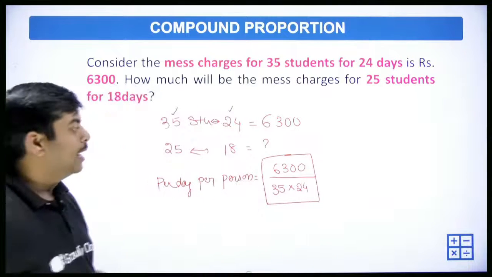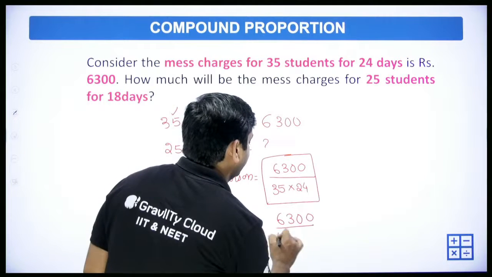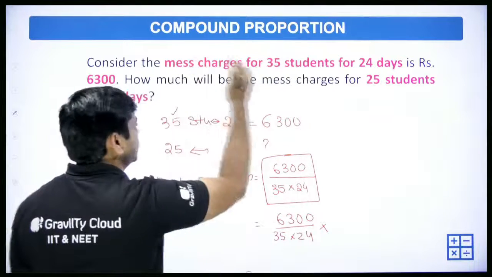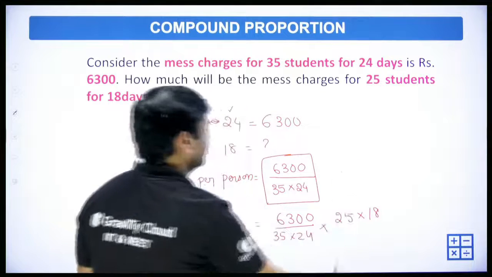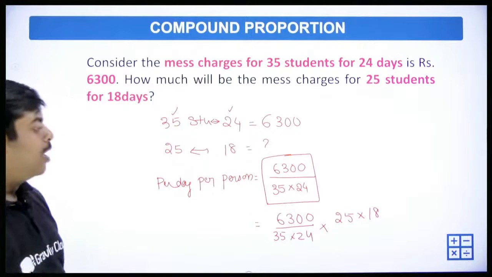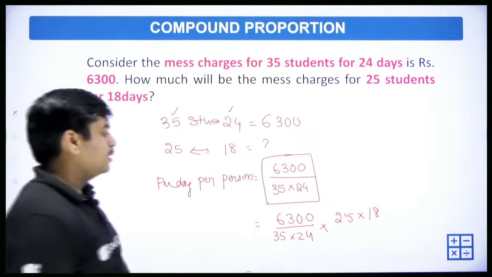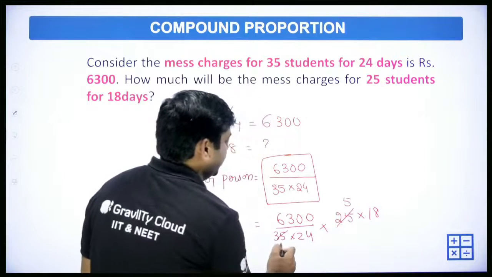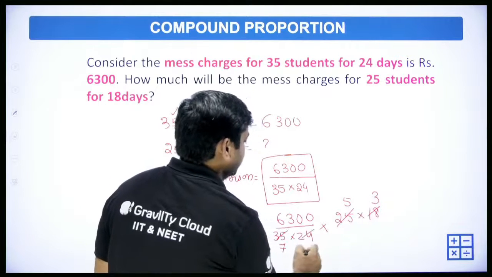Per day per student, so the answer is 6,300 by 35 into 24 into number of students. Now it is 25 and the number of days is 18. So now we need to cancel these and find the correct answer. I'll just tell you small things which we can continue later. 5 5s and 5 7s, and we can cancel with 6 3s and 6 4s, right?